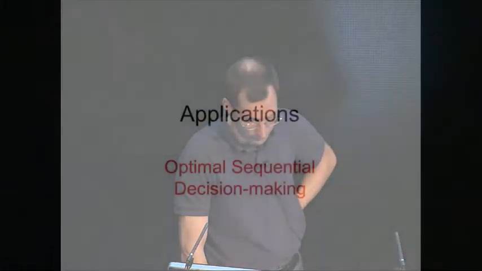Okay, so I think I'm approaching 10 till. If I happen to come back later in the year, I will tell you all about sequential decision making, which is the application that motivated all this work. We later realized that the solutions that we gave here also applied to graphical models, and that's what I talked about today.